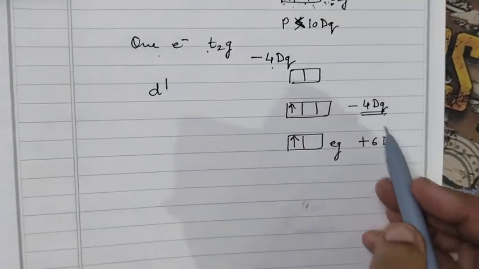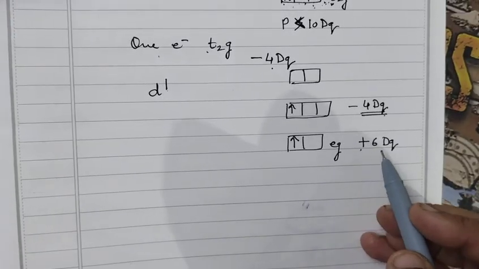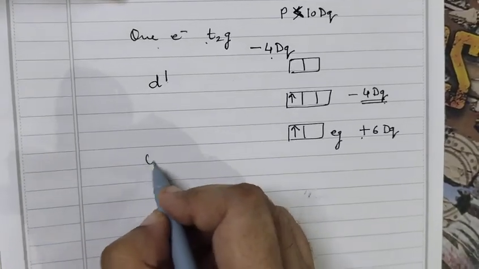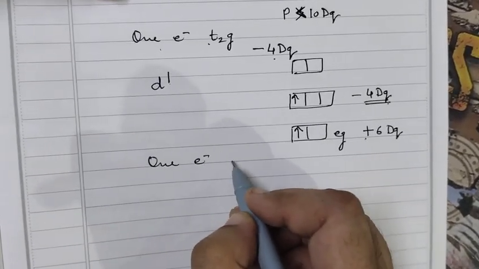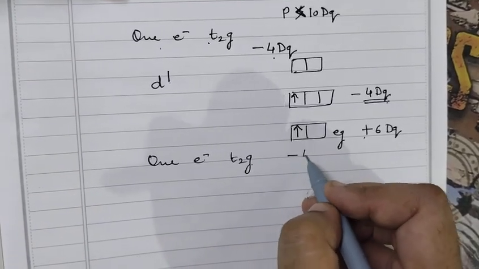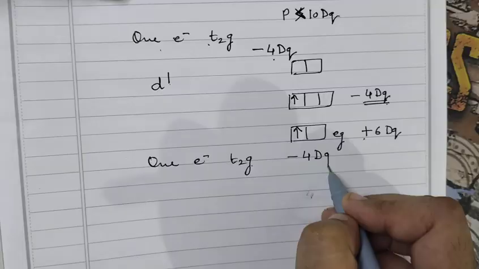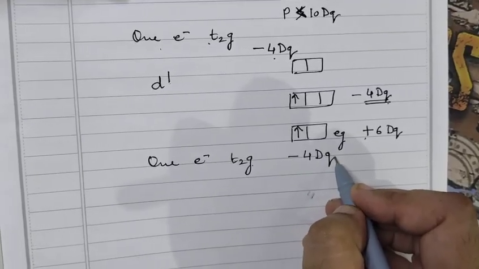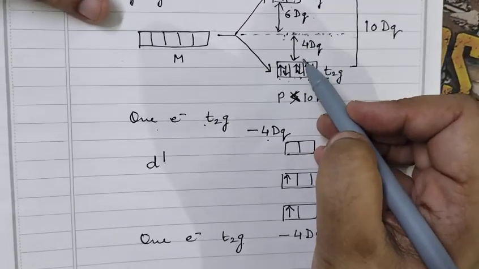So this assumption will be followed here: for one electron filled in T2G, you will calculate the energy using minus 4 dq, because it is below the original level by 4 dq.